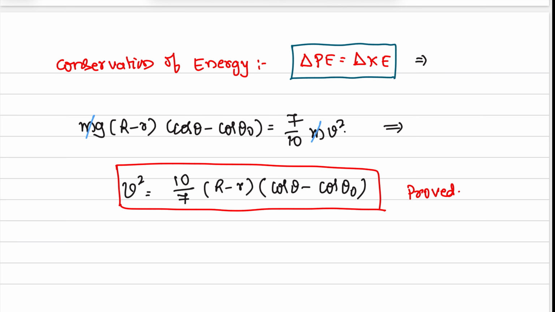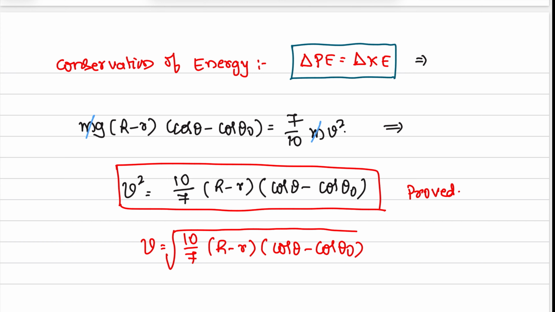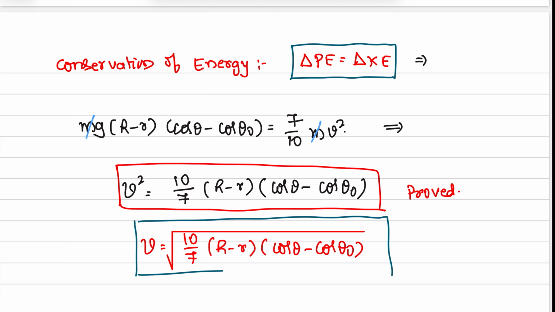Now the velocity of that particular solid sphere at any angle theta will be the square root of 10 by 7 into R minus r into cos theta minus cos theta naught. This is the value, velocity. Now we got the value of velocity from the energy principle.